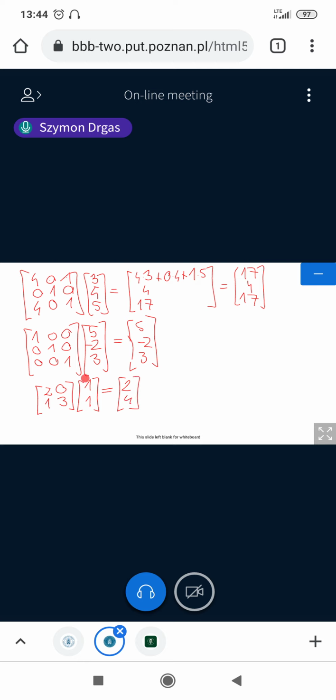So if we multiply a matrix by a vector whose components are all equal to 1, we will obtain another vector which will have sums coming from each row.